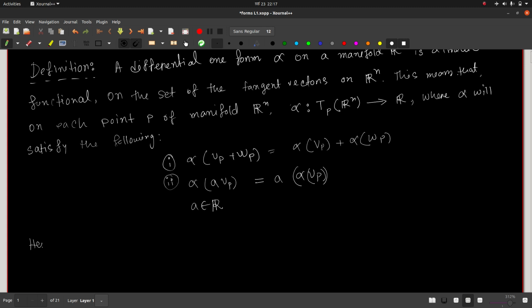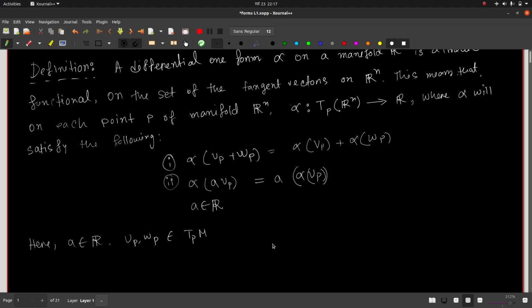And here, for completeness, we again say that A belongs to R, VP, WP belongs to the tangent space at that particular point of that manifold. So this is the definition.